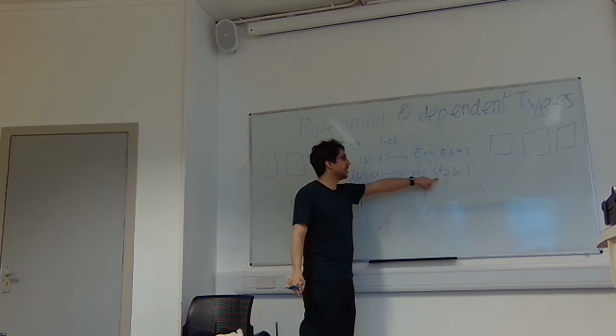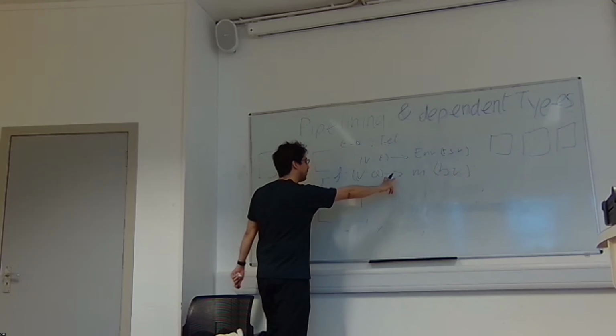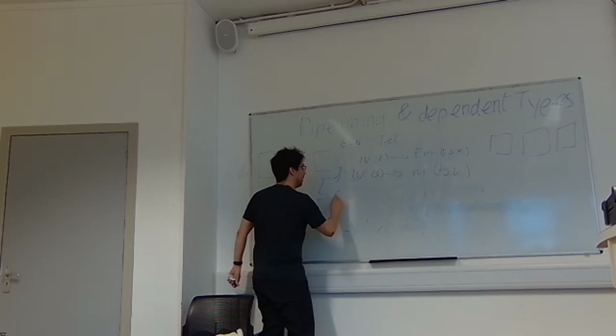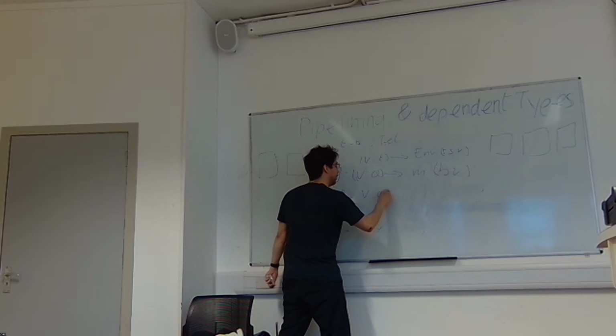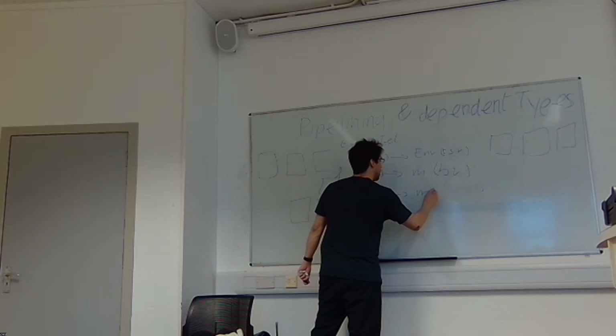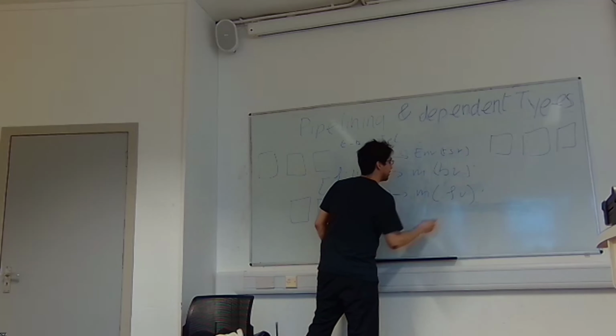Now, if you want to write a function that depends on the result of f, like g, that takes an a, you cannot do M of f v.